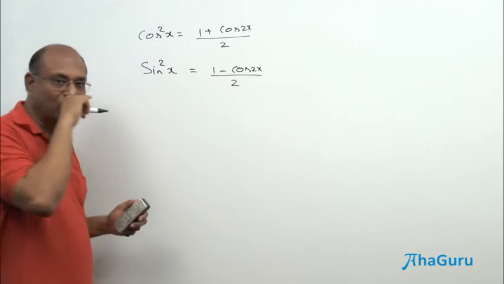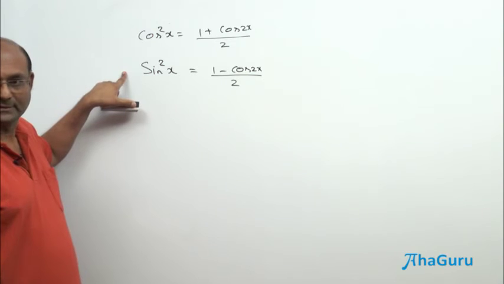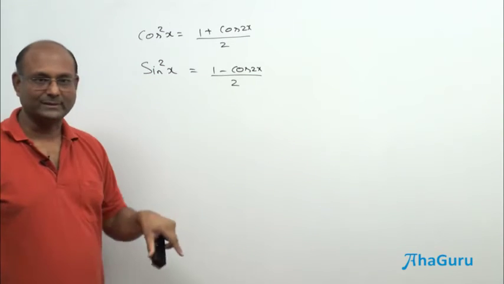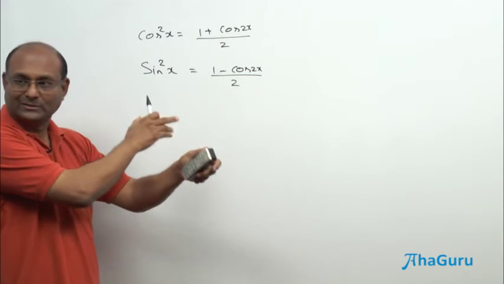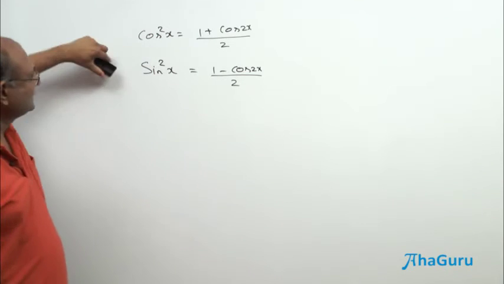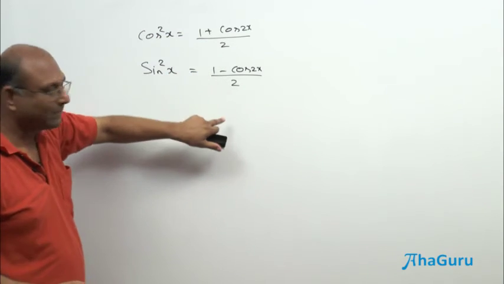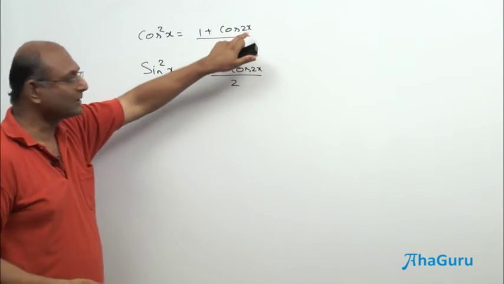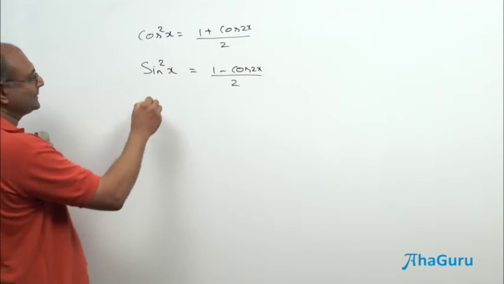Now these things come so often, it's useful to remember. Just think about this. 2 sin square x is 1 minus cos 2x. Because cos 2x can be written as 1 minus 2 sin square x, which is the same statement. Ultimately, there's no big difference. If you add these two, what happens? 1 by 2, 1 by 2 becomes 1. Cos of 2x by 2 minus cos of 2x by 2 will become 0. So we'll keep using this.